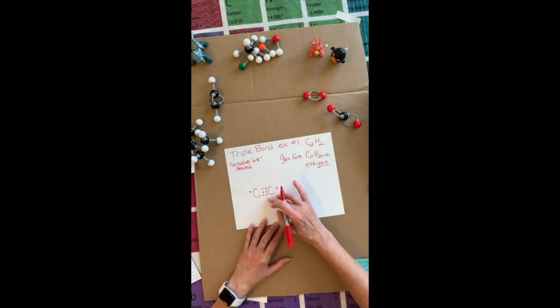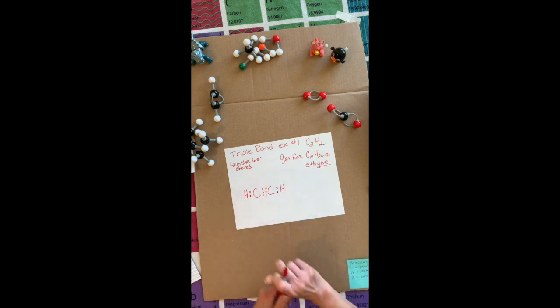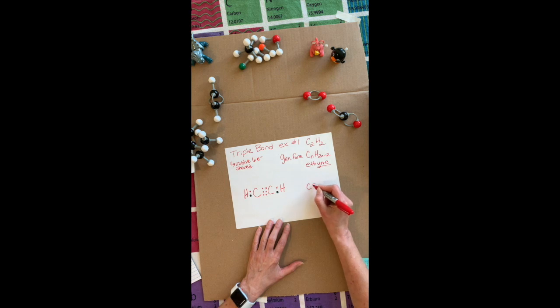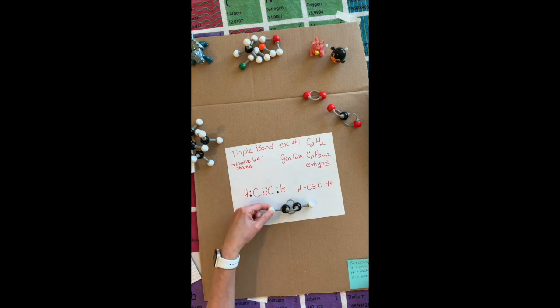It's making the triple bond here. Always put your hydrogens at the very end. You have an octet for the carbons, and the hydrogens are satisfied with 2. And that is ethyne. And here is your structural formula.